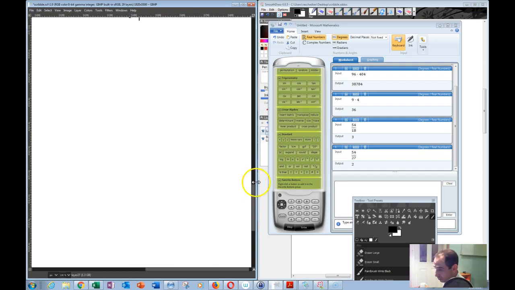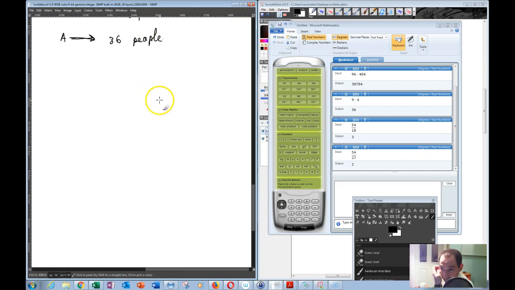Let's say that you have a bunch of people. For example, let's say that you have 36 people over here, a group A, which consists of 36 people.